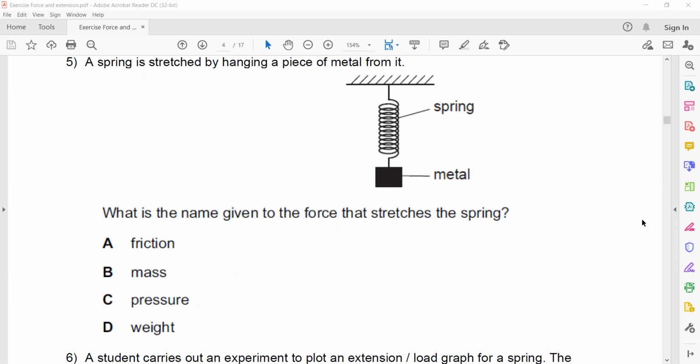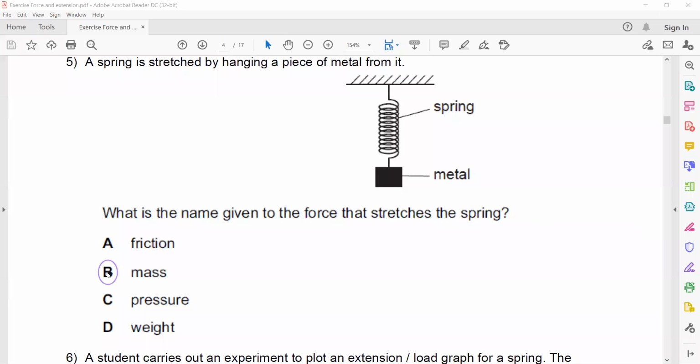Question 5. A spring is stretched by hanging a piece of metal from it. What is the name given to the force that stretches the spring? A, B, C, or D? Mass is not the force. Mass is there, but mass is not the force.